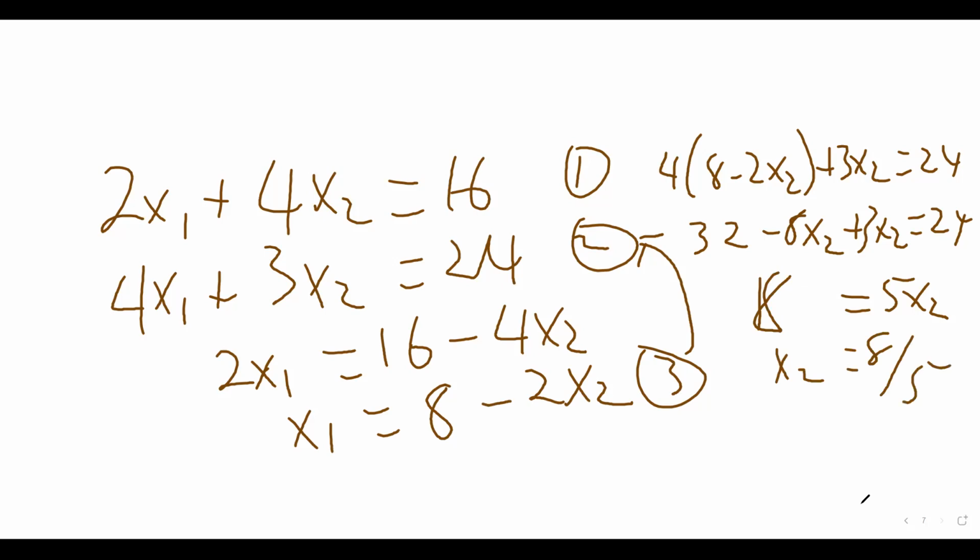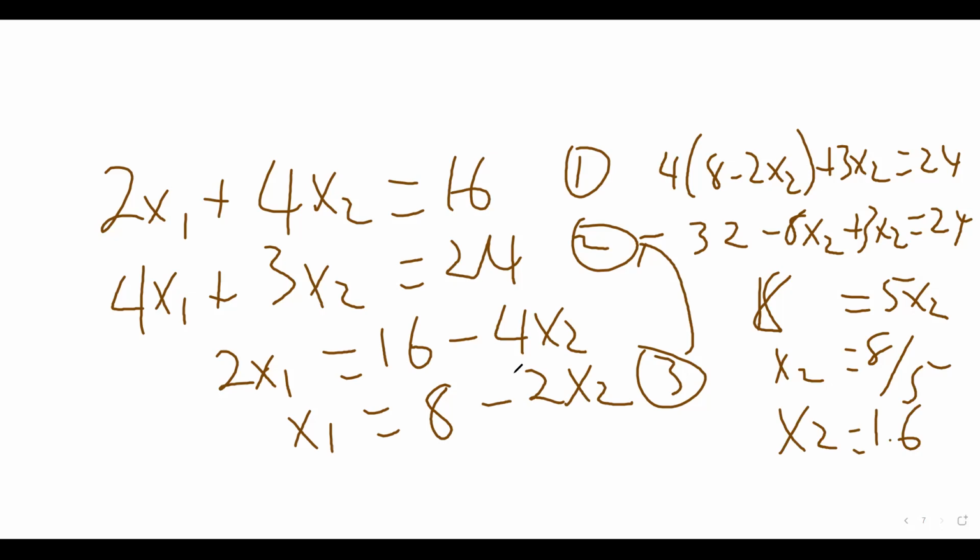Now, sometimes if you are not really comfortable with some of this, just use decimals. 8 over 5 is 1.6. And then that means we drop that into this value here, x1.